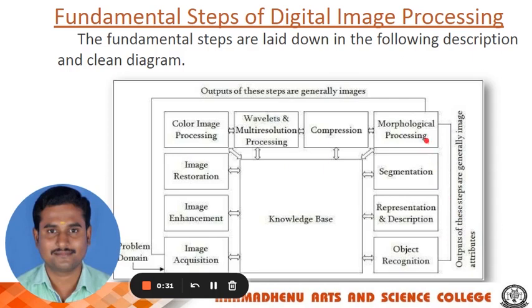So here we can get attributes as the output from the image, whereas from image acquisition to morphological processing, we get output in the form of images. So this is how we can process the image. Here we have the knowledge base. Knowledge base is nothing but whatever task we accomplish from each and every step, which is called the knowledge base.